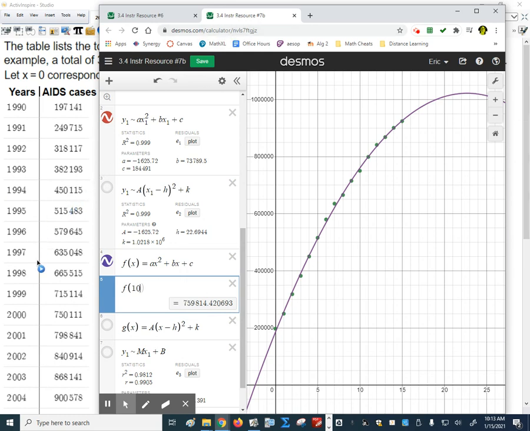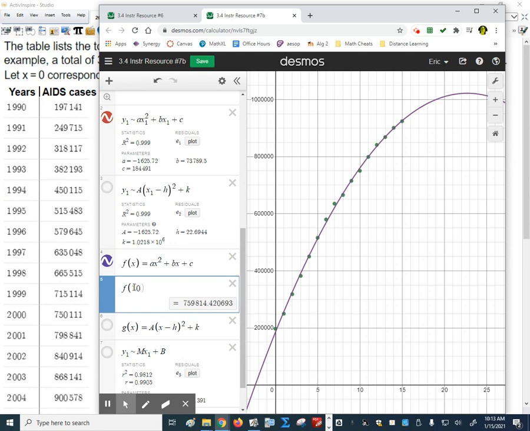I get 759,814.4. If I go to the year 2000, that's not what our data was. Our data point was 750,111. Even though that's the data we actually gathered, our best prediction based on the model was that in the year 2000, we should have gotten this many.